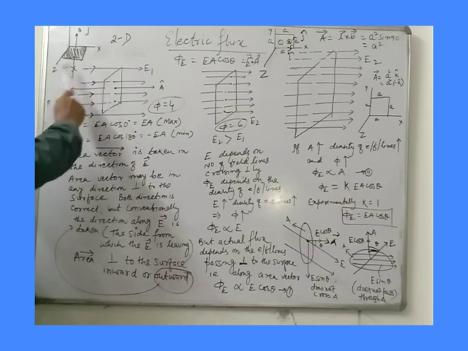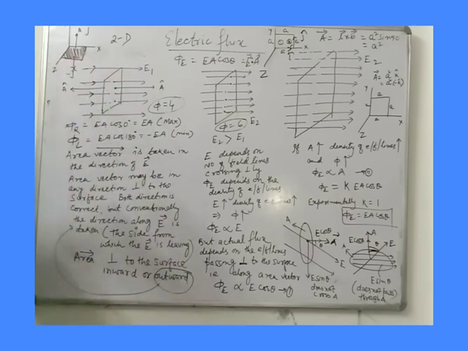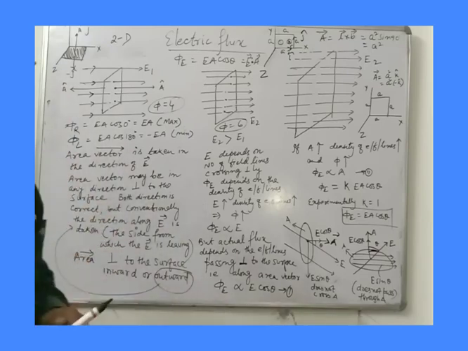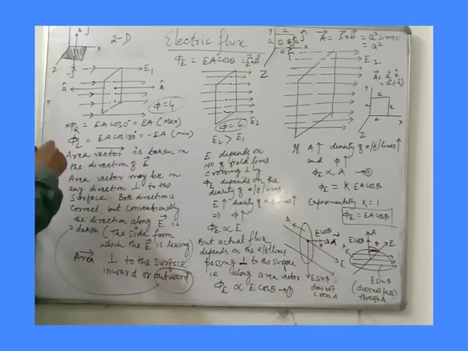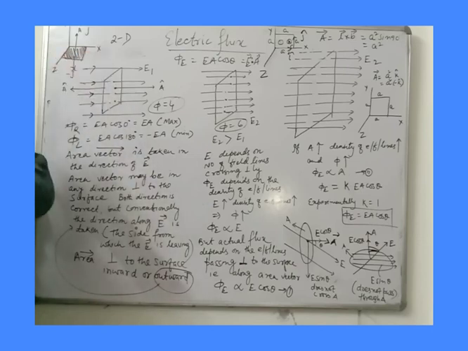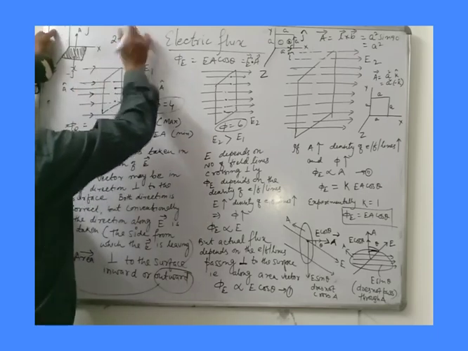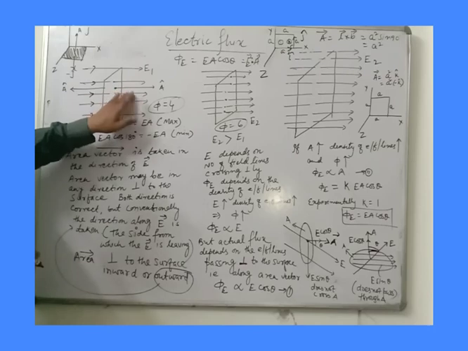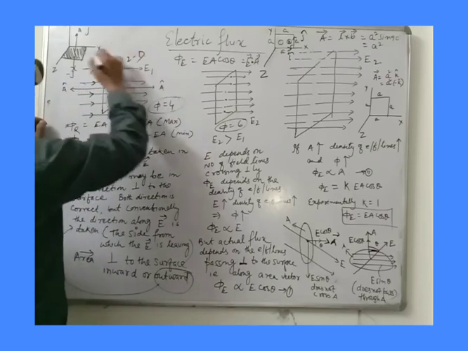This is square or rectangle, whatever, xz plane. So tell me, what is the direction of area vector? Area vector will be perpendicular to the plane containing x and z. This was 2D.